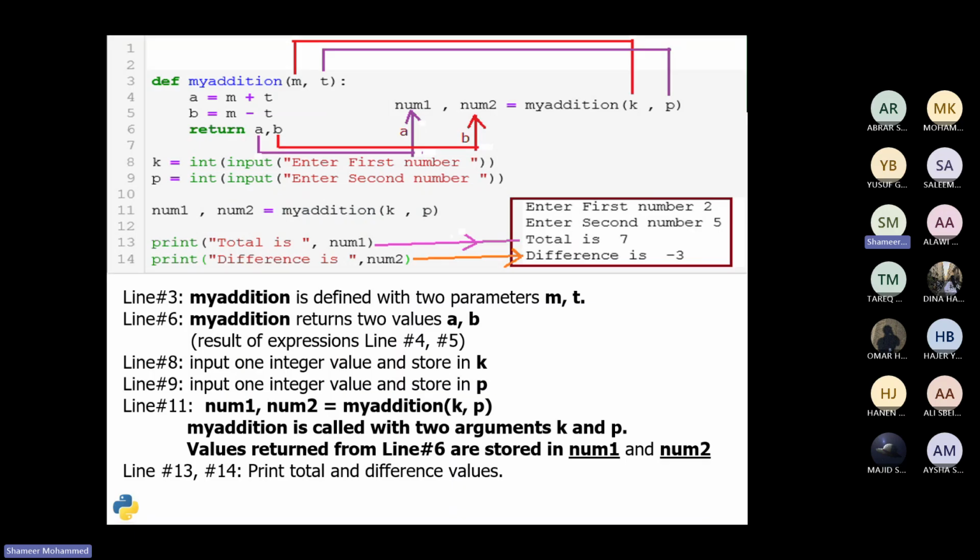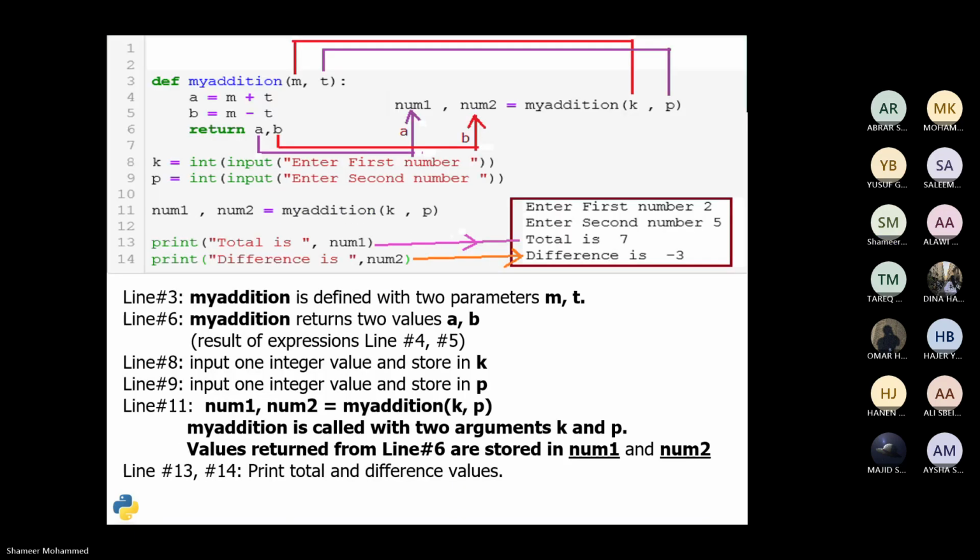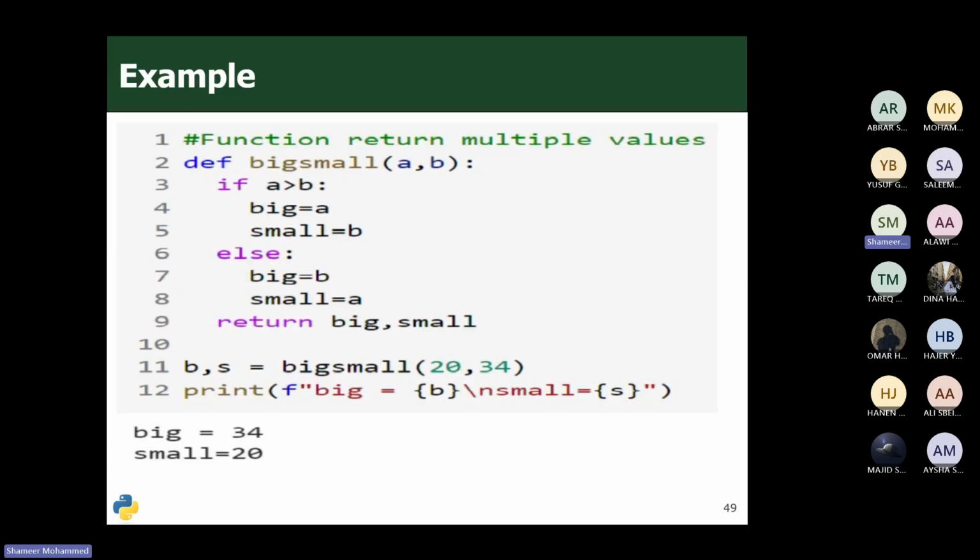The explanation of this program is given here. In lecture 3, you studied programs like finding even number, odd number, prime number, or big number. The same logic you can write here, but inside the function.